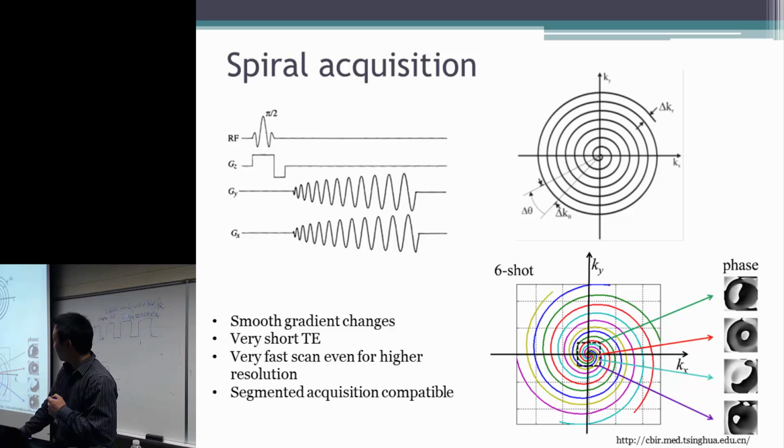So the spiral acquisition, we just use these oscillating gradients. They both actually form one single readout. So this one single readout fills the k-space in a spiral manner. We can collect this spiral from inside out, or we can also collect the spiral from outside in.